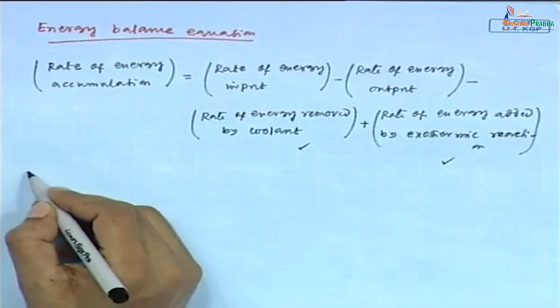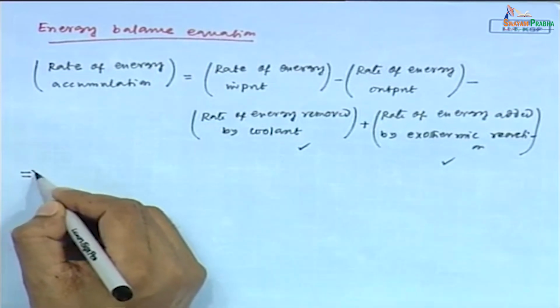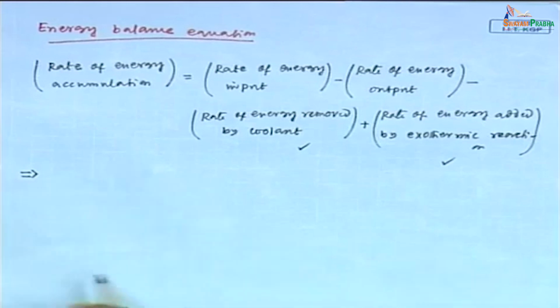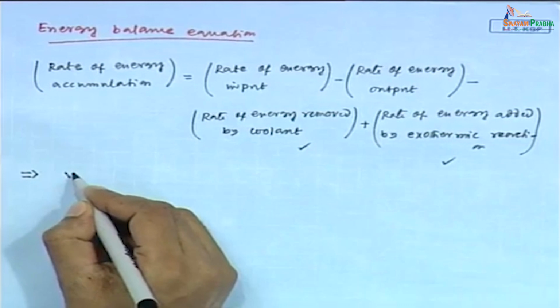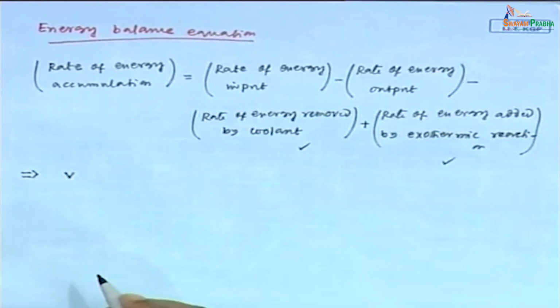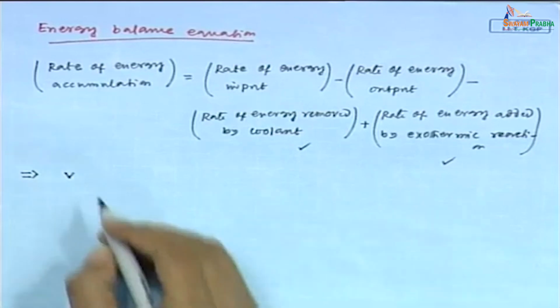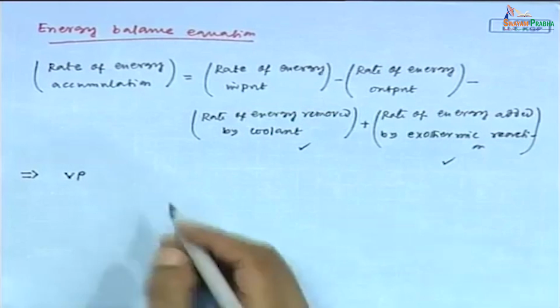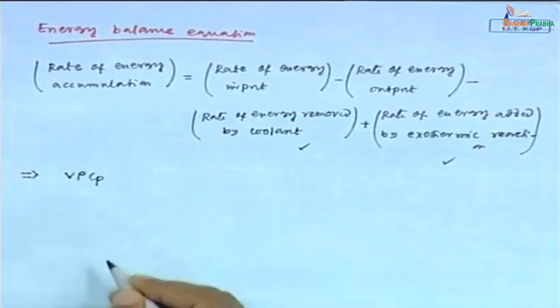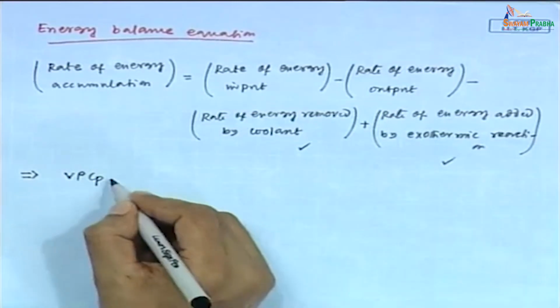So, next we have to represent all these terms using the mathematical terms, I mean variables. So, what is the energy accumulation? See, volume in the tank is represented by V, fine, and if we multiply with rho, this becomes M, then Cp, then dT.